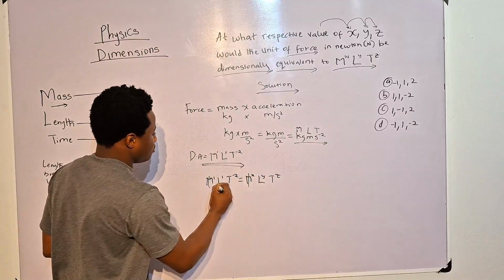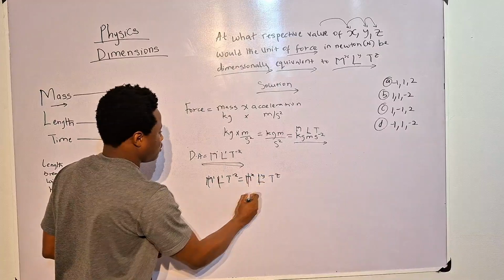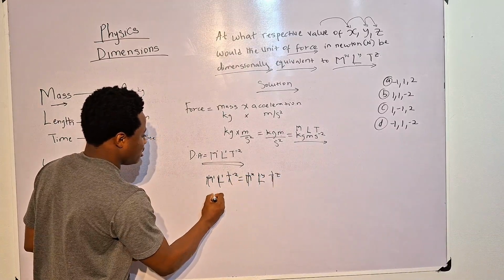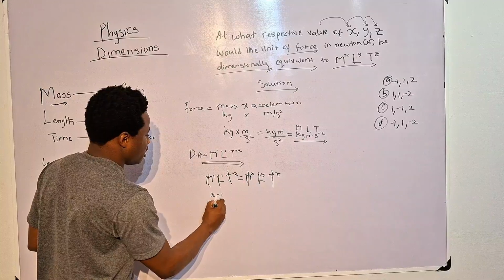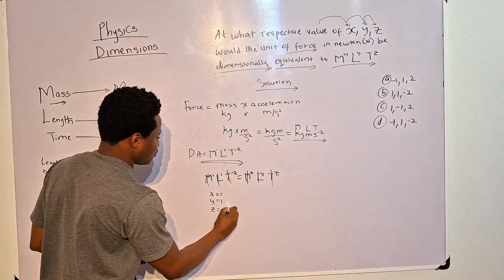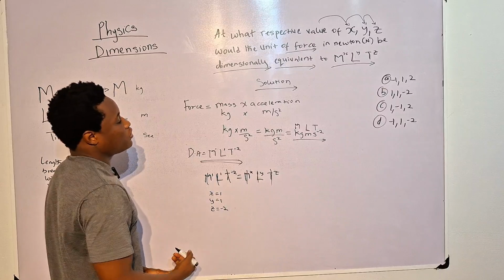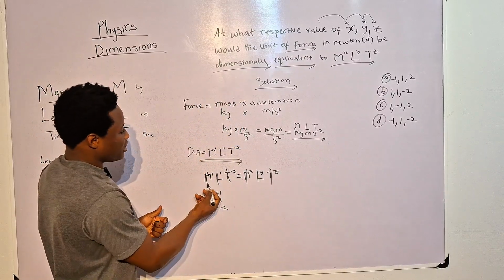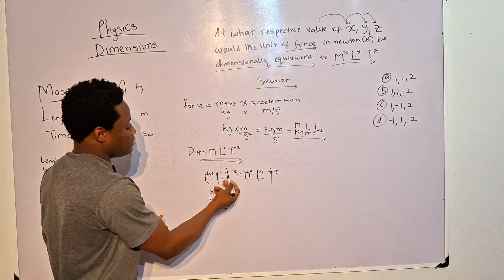M will cancel M, L will cancel L, and T will cancel T. So x is equal to 1, y is equal to 1, and z is equal to minus 2.